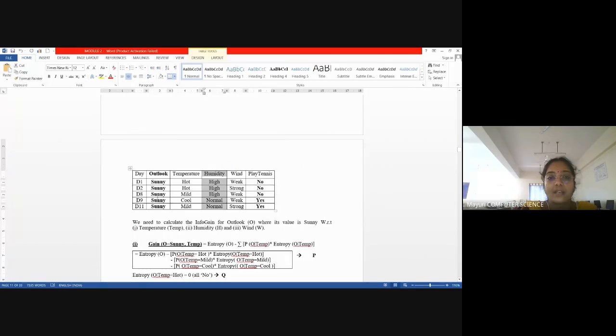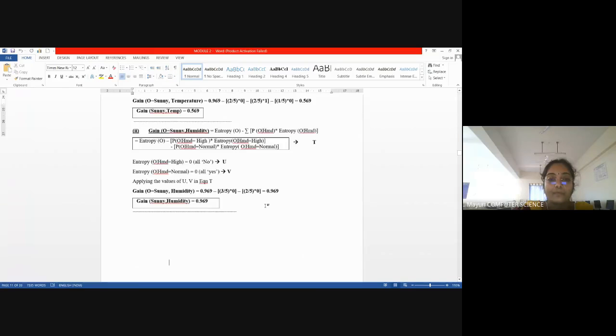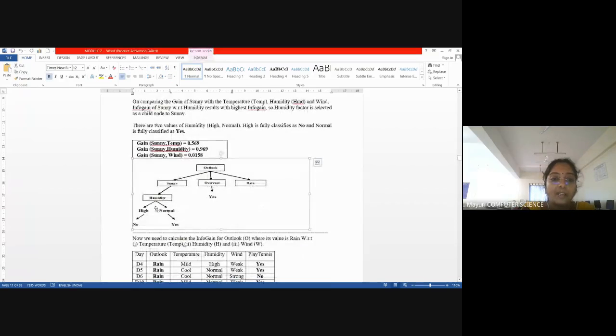Okay, after Sunny, I can place humidity. Now, if you see that, all the high values are classified with what? No. All the normal were classified with yes. So that I can directly write in the tree. See, humidity, high, all the high values, two different values for humidity. Looking at the table, I can write no, and then all the normal values are yes. Any doubts till now?